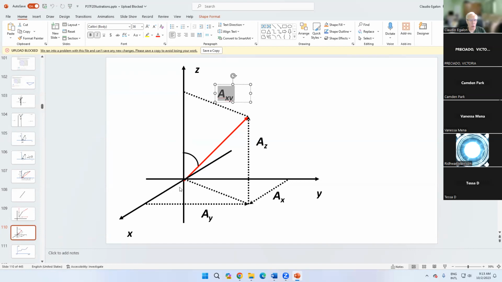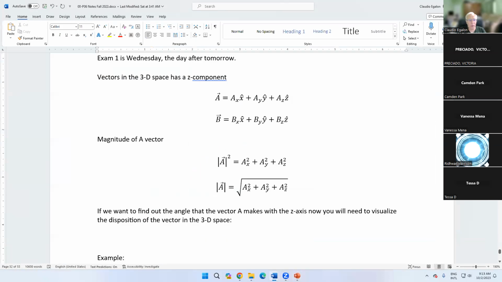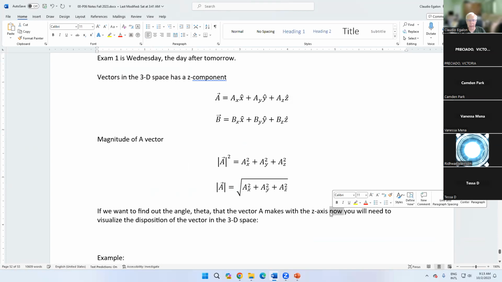Similarly, if you want to know the angle that this projection makes with the x-axis, the tangent of this angle is going to be AY divided by AX, right? But let's put this one first. If you want to find out the angle, I'm going to call it theta, that the vector A makes with the z-axis, you will need to visualize the disposition of the vector in the 3D space.